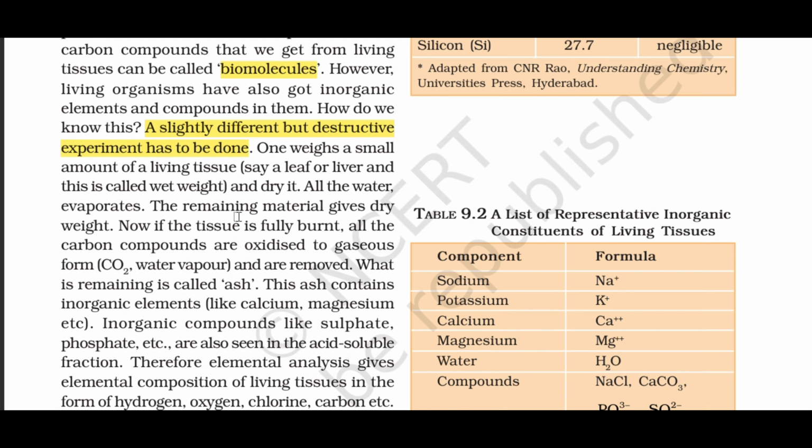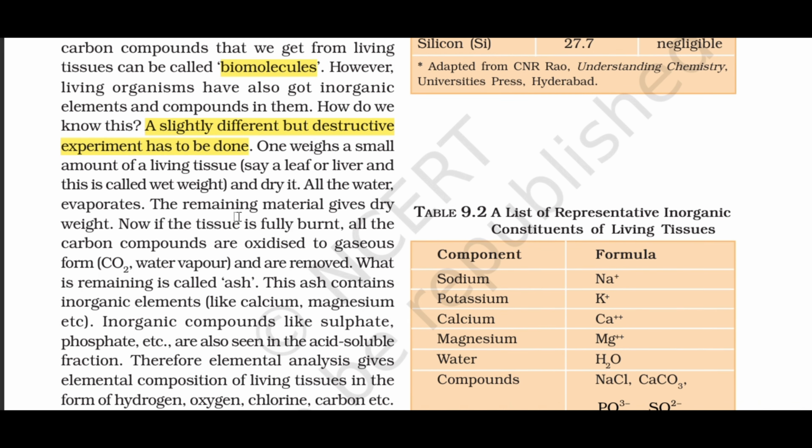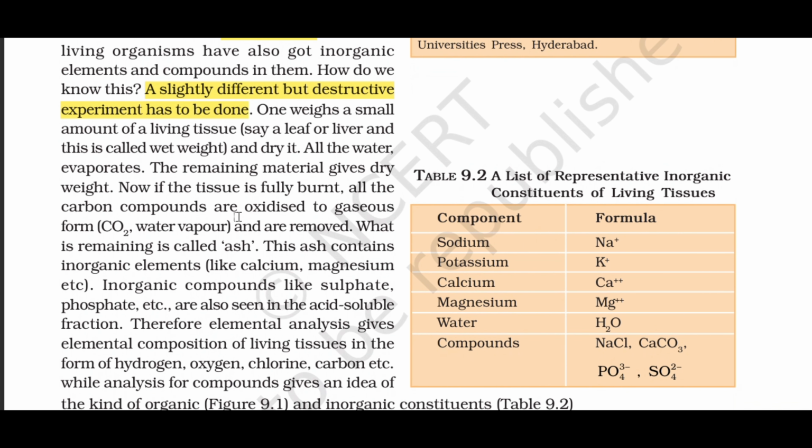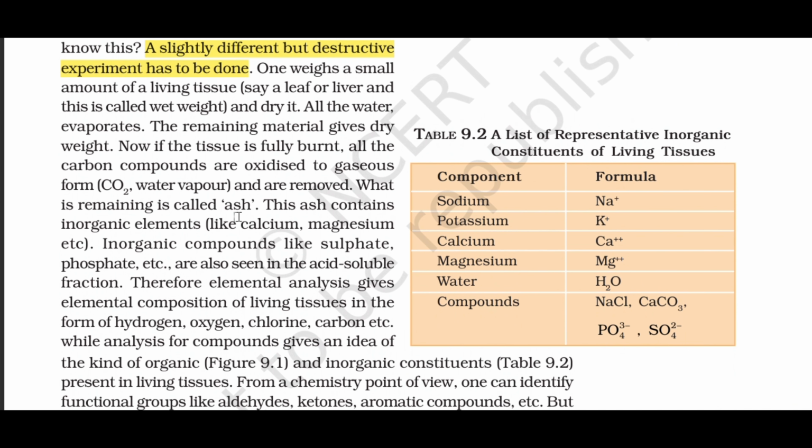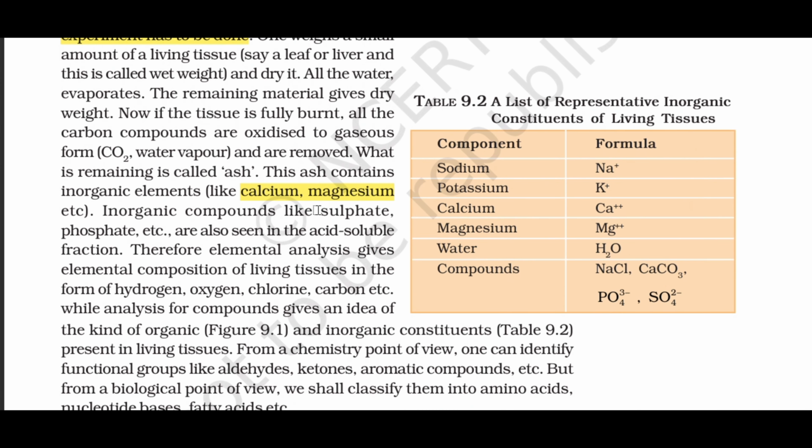Now if the tissue is fully burnt, all the carbon compounds are oxidized to gaseous form, CO2, water vapor, and are removed. What is remaining is called ash. This ash contains inorganic elements, like calcium, magnesium, etc. Inorganic compounds like sulfate, phosphate, etc. are also seen in the acid-soluble fraction.